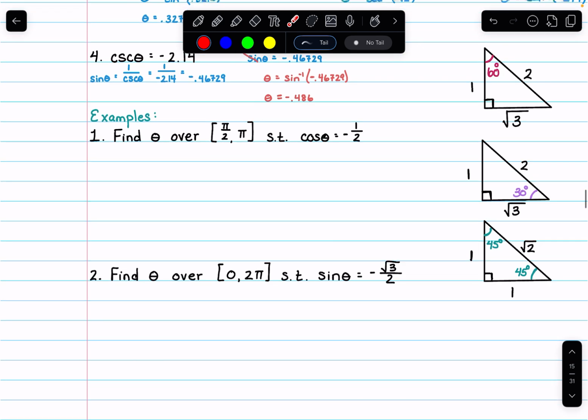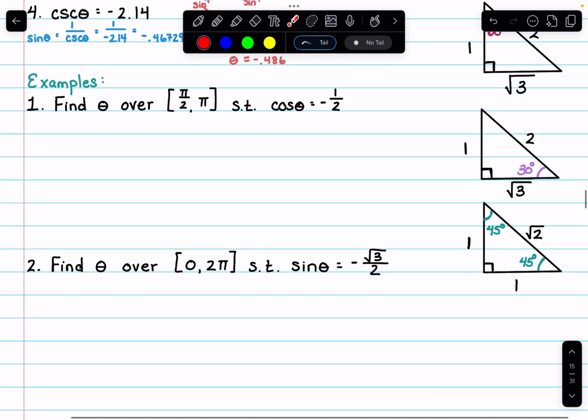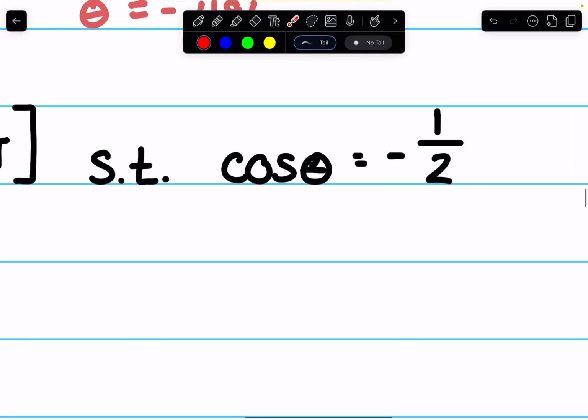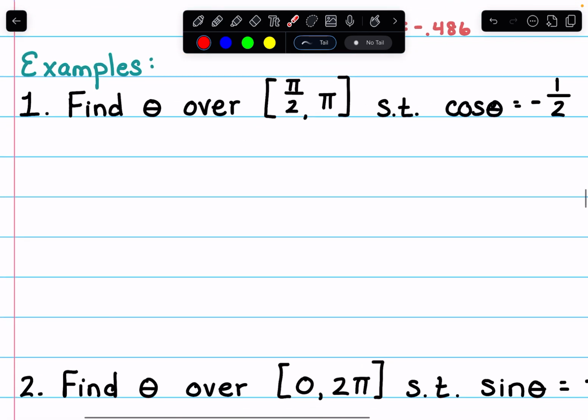And then we just have these two where we are looking for theta again, right? So I want to know, find theta over this interval, okay? So this is an interval notation type of thing, such that cosine theta is -1/2. So we are just going to work backwards, okay?